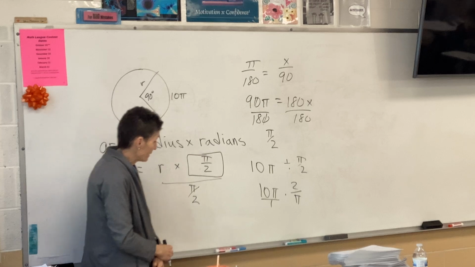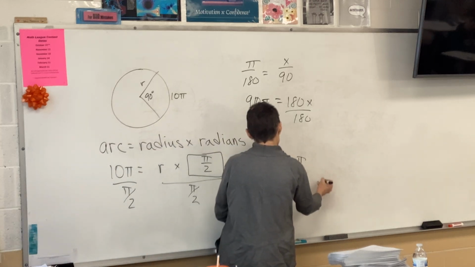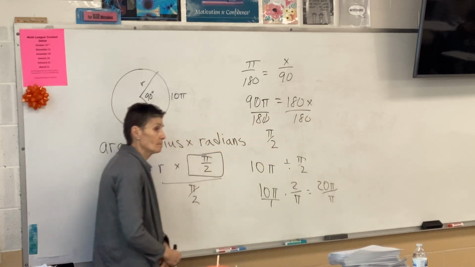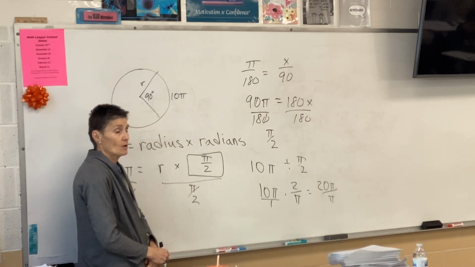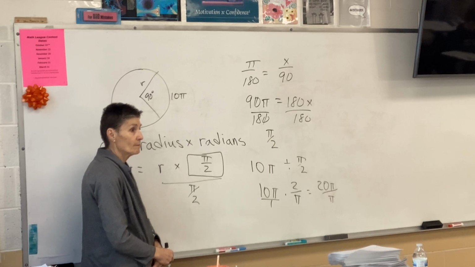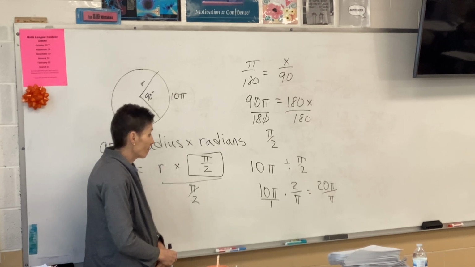And now we multiply across, so did you get 20 pi over 1 pi? So what's the answer to the question? 20. I just got 20.